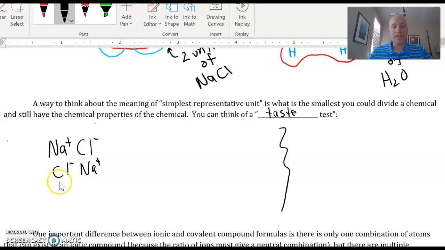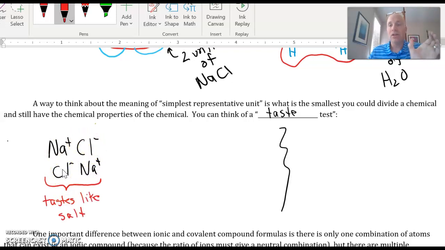And even though it would be really, really hard to detect on its smallest level, this arrangement of atoms right here would taste like salt. That's because this arrangement right here contains the units that have everything necessary to have the chemical properties of sodium chloride. But is this the smallest amount?